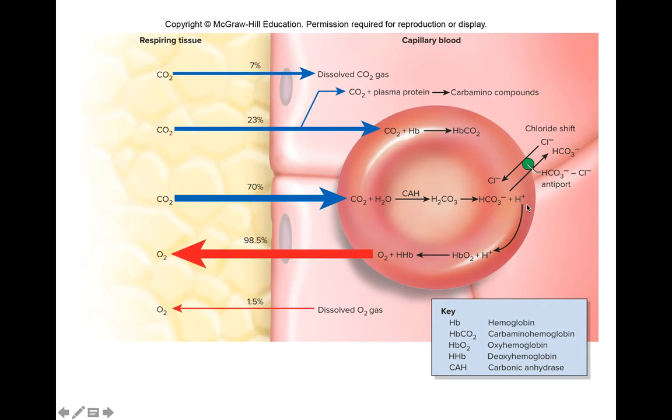Now, the bicarb isn't doing us a lot of good in the red blood cell. We want it out here in the plasma where we are able to make it work for us in the buffer system. So we use an antiporter. It's called chloride shifting. We move bicarb out and chloride in. They're each negatively charged ions, so we can exchange them with each other without messing with tonicity at all.